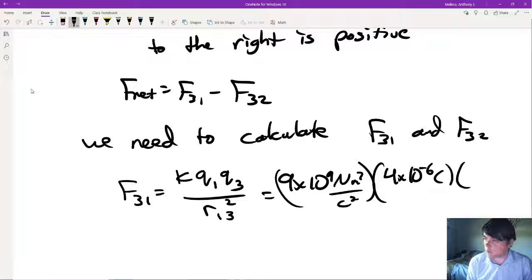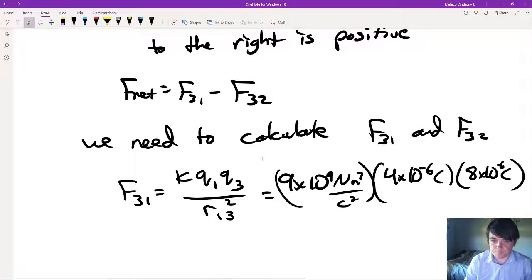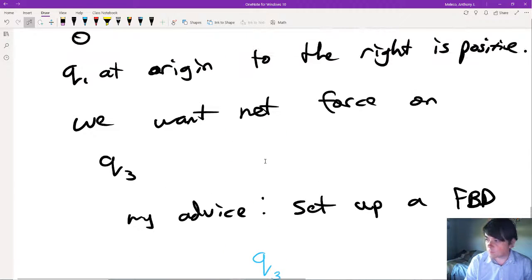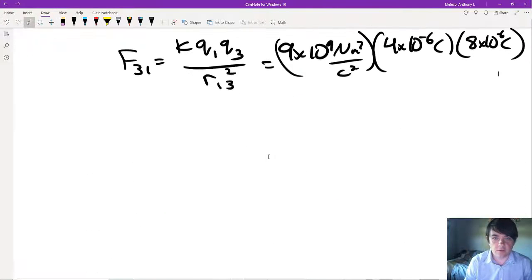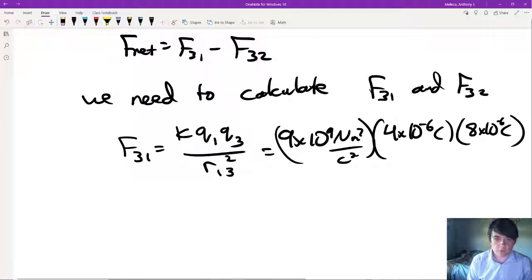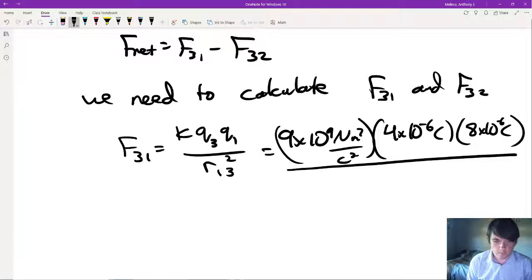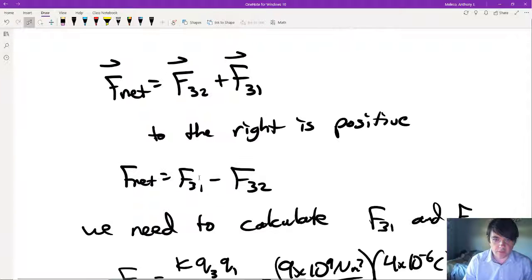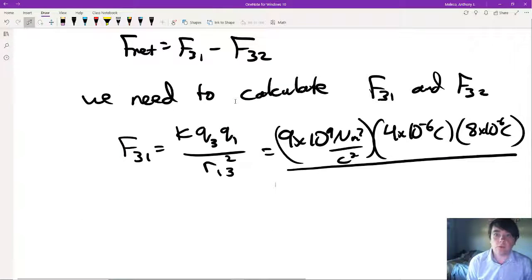The next one was 8 times 10 to the minus 6 coulombs. Okay, so we're just plugging in here. Oh, I listed Q3, sorry, my bad. You can do these in any order, it doesn't matter, because you're multiplying them, and you don't care about sign, because we already took care of sign right here. Again, you can do it the other way where you mathematically determine the sign, right?